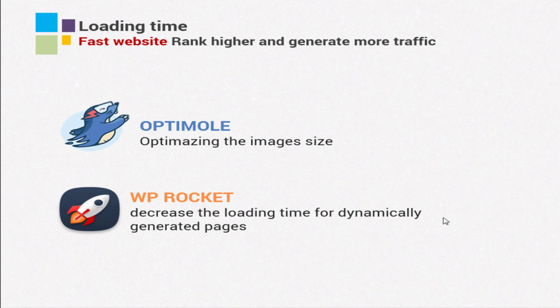This plugin optimizes the image size, because images take up more than 50% of the average website size. That means optimizing your images can make a huge difference to your site's page loading time. So now let's take a look at how to install it and how to use it.